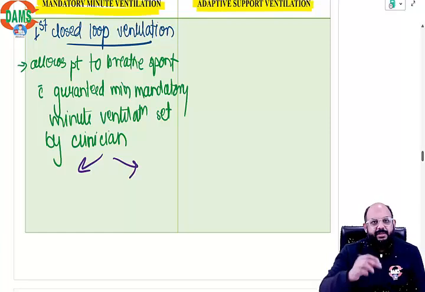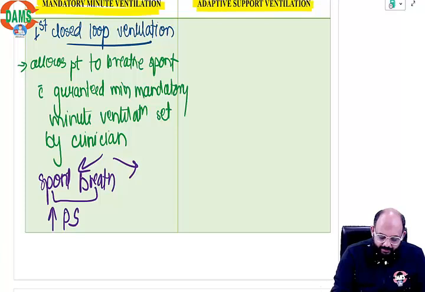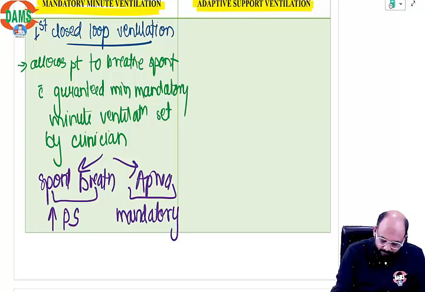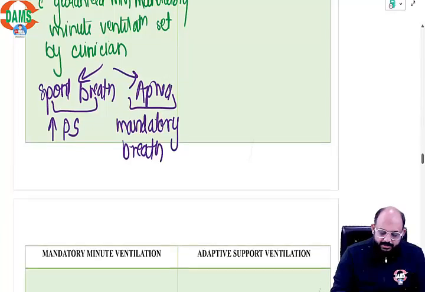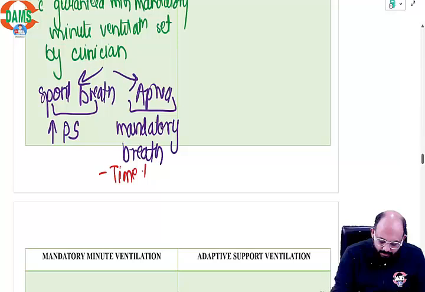By two ways. If the patient is taking spontaneous breaths, then it will increase the pressure support. If the patient is apneic, then it will supply mandatory breaths. These mandatory breaths will be time triggered and they will be volume controlled.